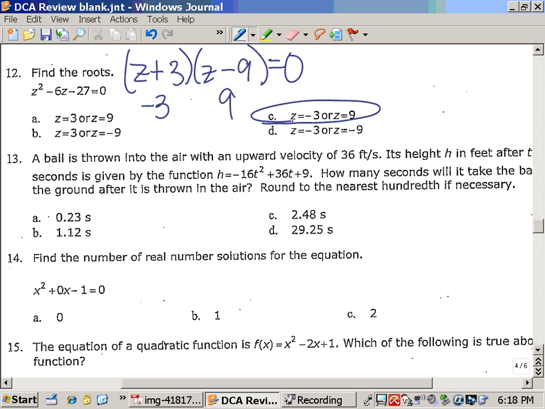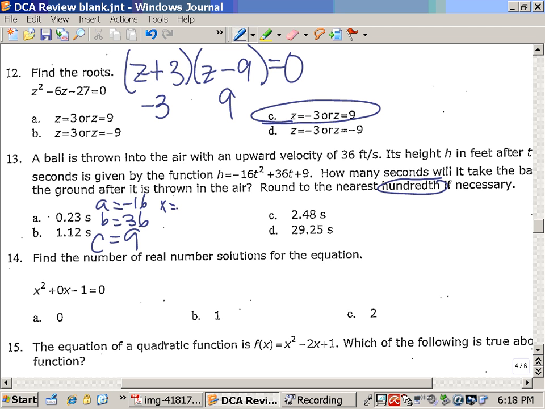On number 13, I need to find when the ball is going to hit the ground. I need to round to the nearest hundredth. Now that was going to take using the quadratic formula. So A is -16, B is 36, and C is 9.